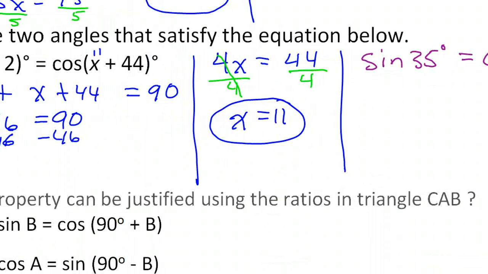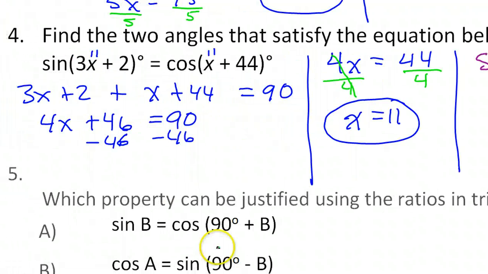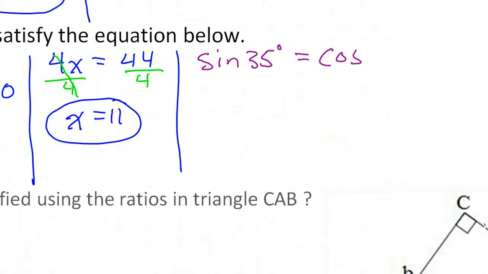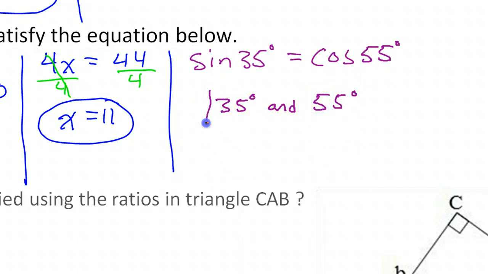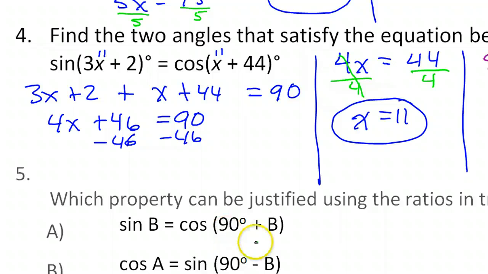But let's do it and check. I have 11 plus 44, so that is going to be 55. So cosine of 55 degrees. So 35 degrees and 55 degrees. Okay, that's the answer for number 4.